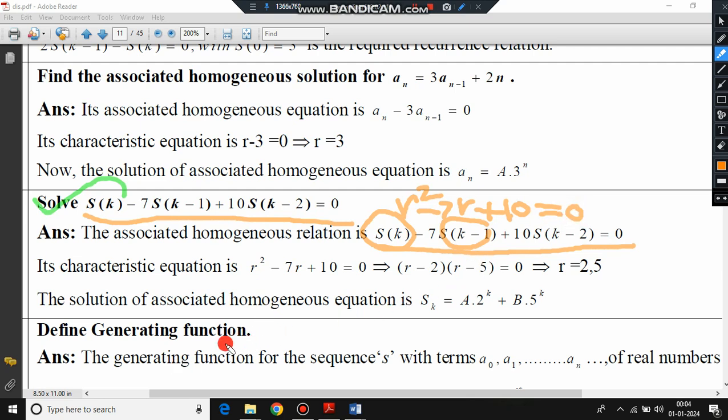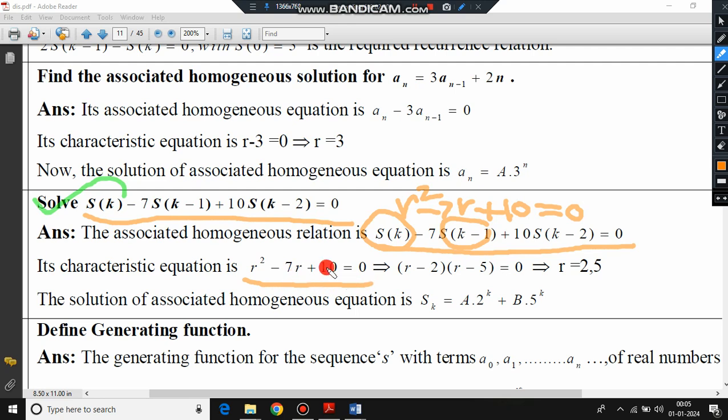So the given relation can be written as r squared minus 7r plus 10 equals 0.